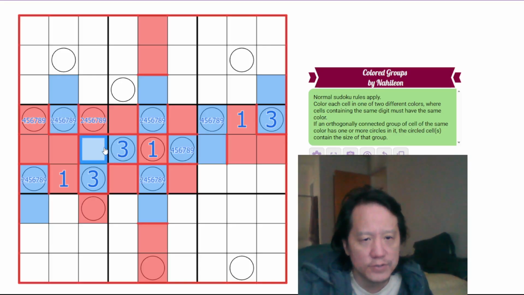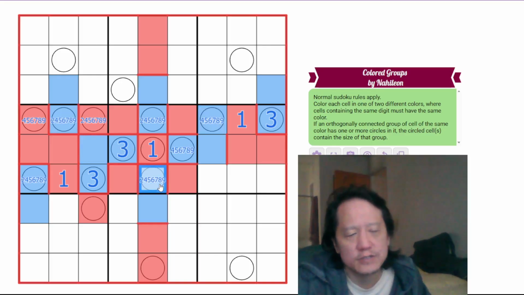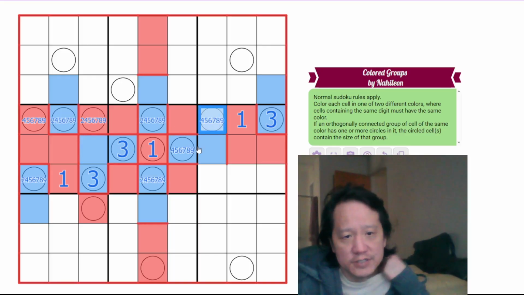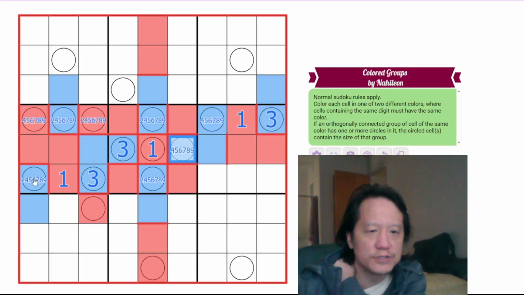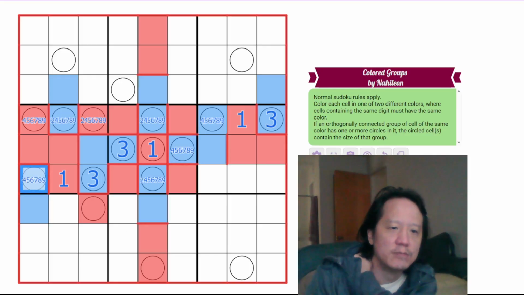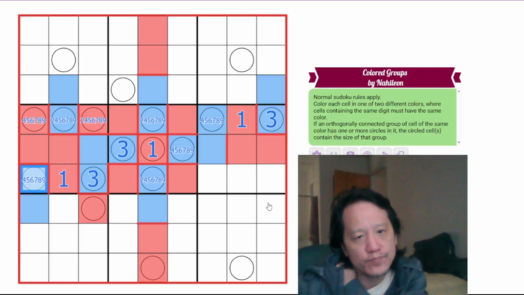Right, because these two digits match these two digits here. But this could be the same as that, which could be the same as... Oh, no, this is the same as that digit. So we know these two digits are the same, which means it's the same as that digit there, because that's the last blue. Interesting.